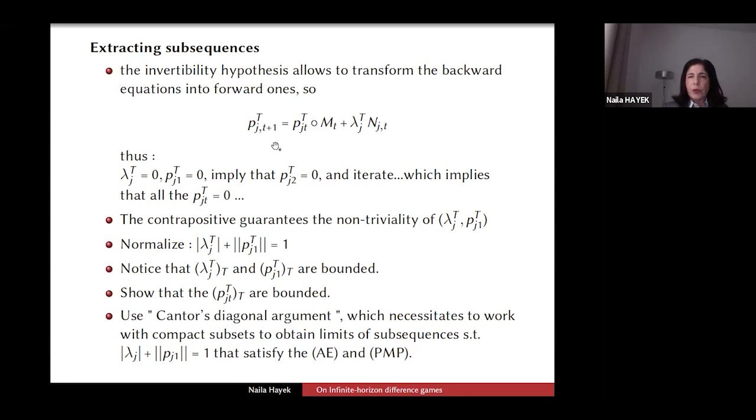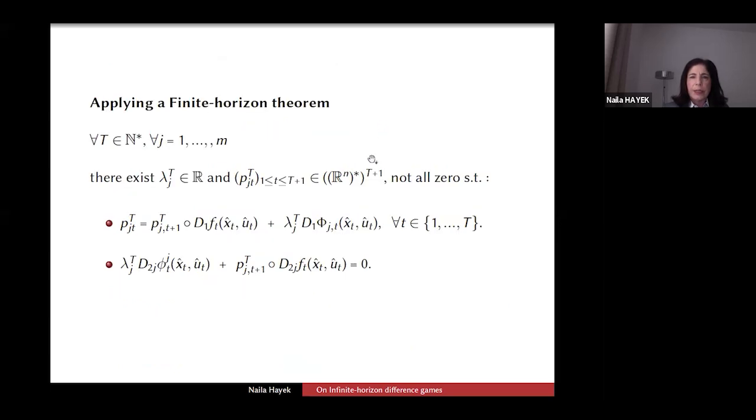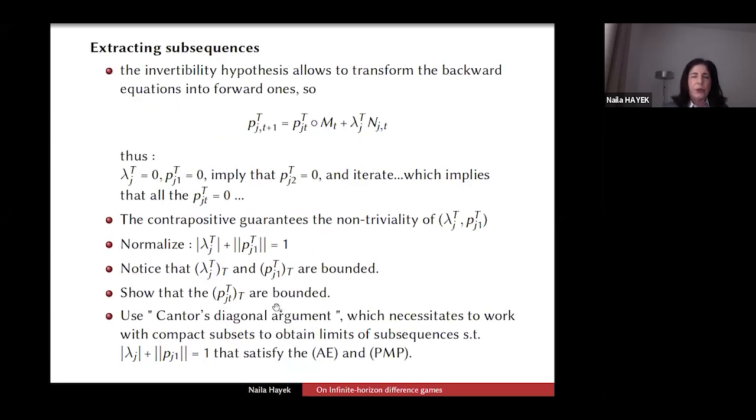So I wrote it this way: p_j^{t+1} is equal to p_j^t composed with M_t plus lambda_j^T times N_j^t. I did not develop what M_t and N_j^t are. You can see from here what M and N are, but it's easier to read it this way.